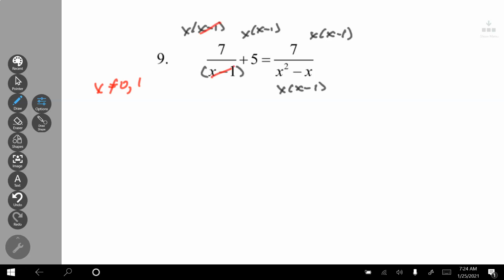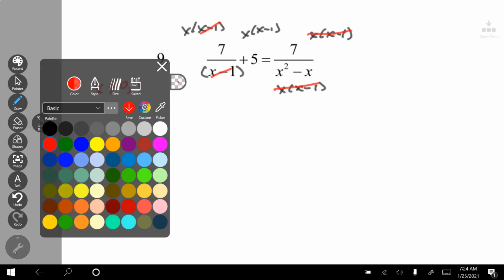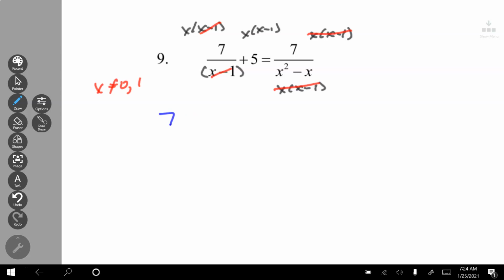And the x minus 1's cancel here, nothing cancels out here, and everything cancels out here. And I get 7x plus 5x times x minus 1 equal to 7. 7x plus 5x squared minus 5x is equal to 7.